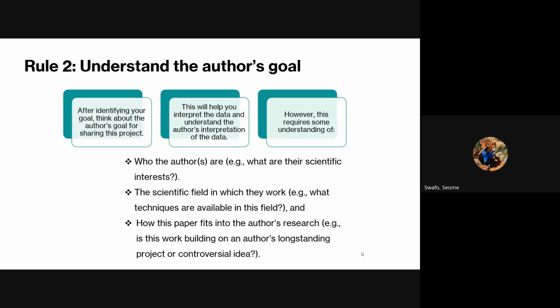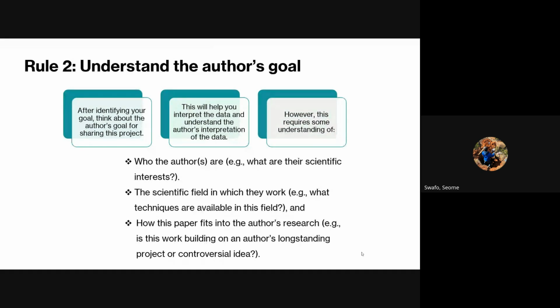Yes, the article will have those basic components, your abstract, your introduction, methods, materials, but there has to be a goal for why they are sharing that type of article. Sometimes it's conveyed as the aim.